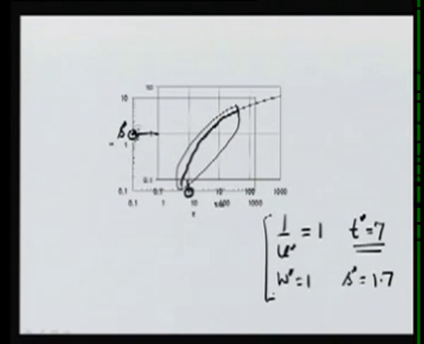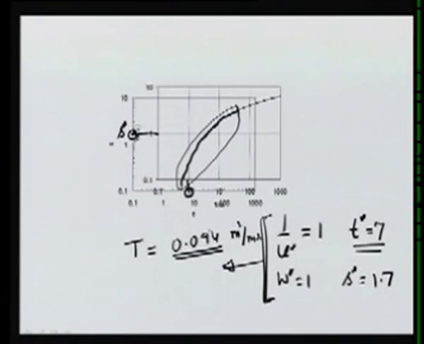So using this data we can again obtain T. In this case T is obtained as 0.094 meter square per minute, compared to the value which we have used as 0.1, and S is obtained as 1.05 times 10 to the power minus 3, compared to the 1 into 10 power minus 3 which we had used to generate this data.